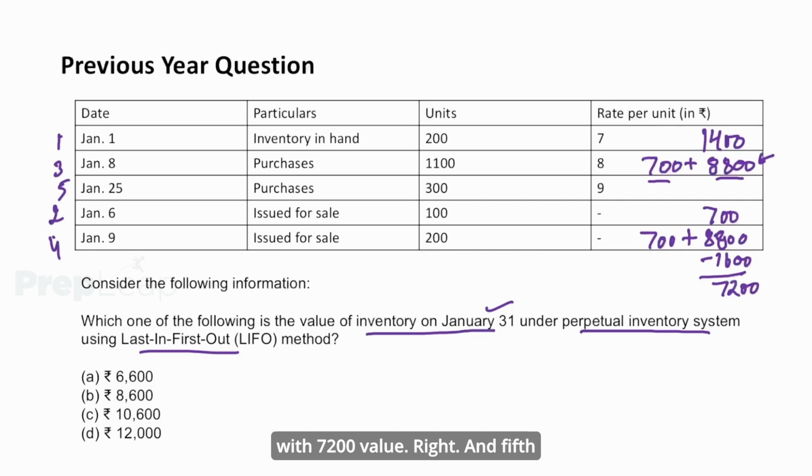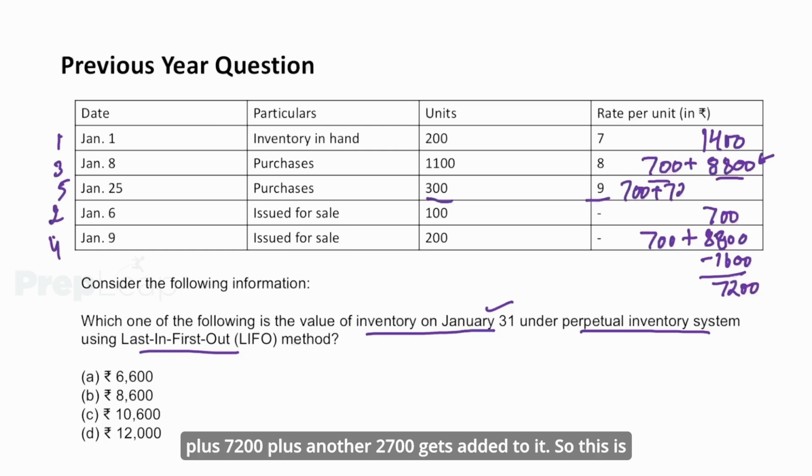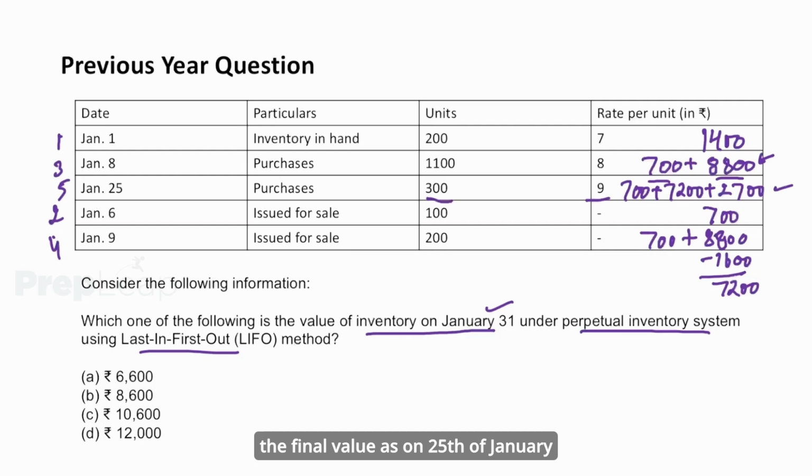And in the fifth transaction, again a purchase happens, this time of 300 units at the given price. So we had 700, plus 7200, plus another 2700 gets added. This is the final value as on 25th of January, and there is no other transaction shown.